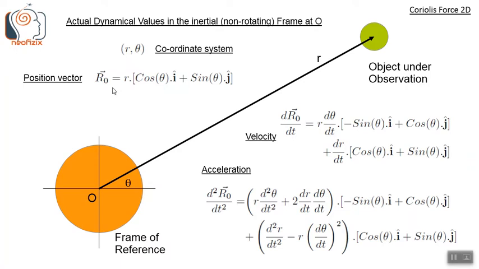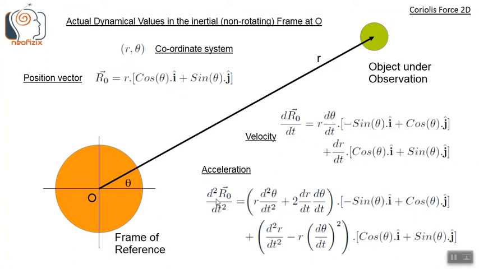So we get the instantaneous position vector of the test object as this vector r0. It is equal to r (cos theta i plus sin theta j), where i and j are the usual unit vectors along x and y axis. This is just standard notation. So simply differentiating this vector r0 with respect to time will give us the instantaneous velocity of the test object.